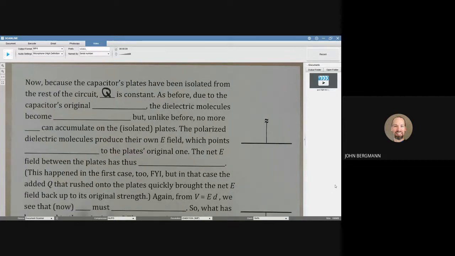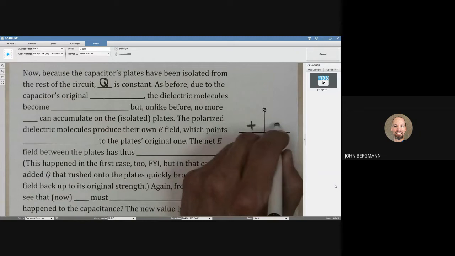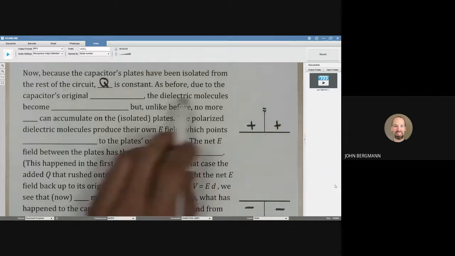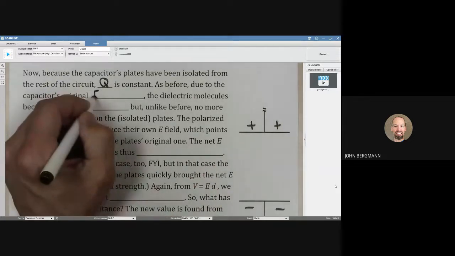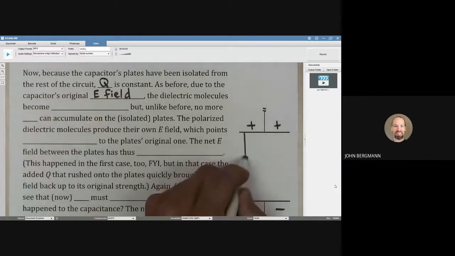There's a certain amount of charge on each plate, and that can't change now. As before, due to the capacitor's original electric field, let me draw one electric field line in there. That's the original electric field.